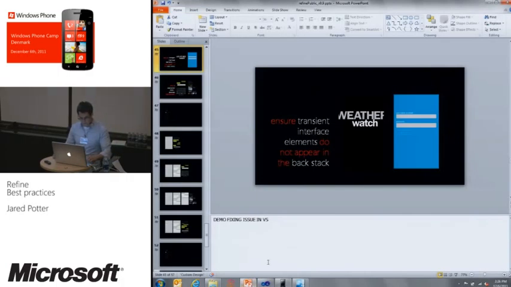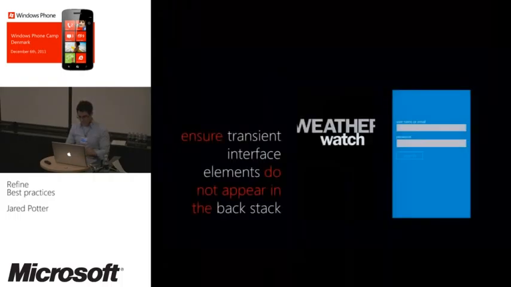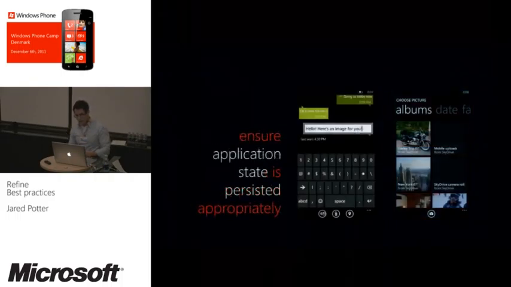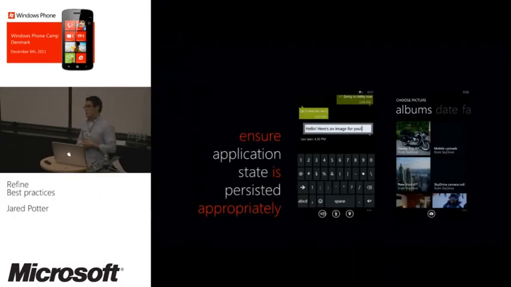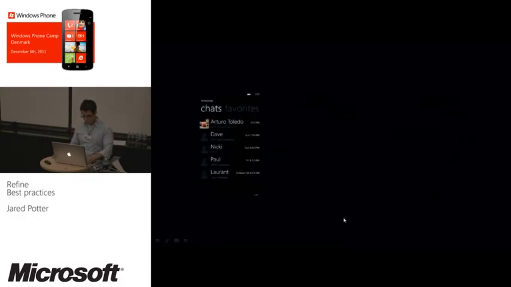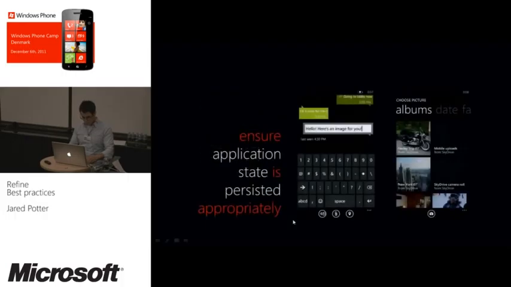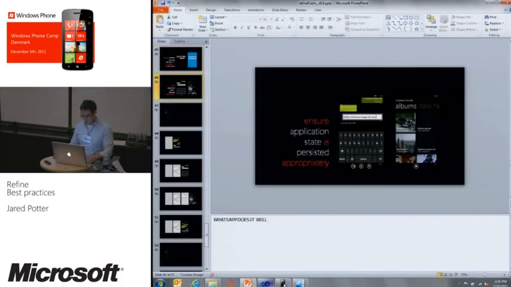All right. Ensure application state is persisted appropriately. So this is an interesting one. I'll talk in more detail about this in the next session, but a good example of this in our application is when you go to make a comment.